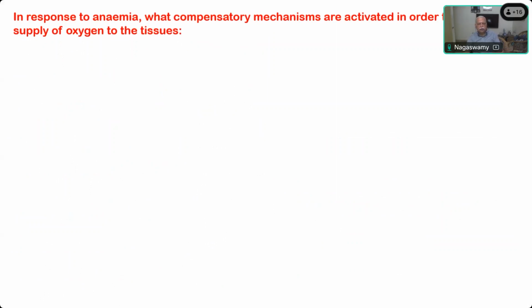What are the compensatory mechanisms you know? Heart rate increases to increase cardiac output, sir. Okay. Is that the first response? Immediate increase in heart rate, cardiac output? Increase in the reticulocyte count.